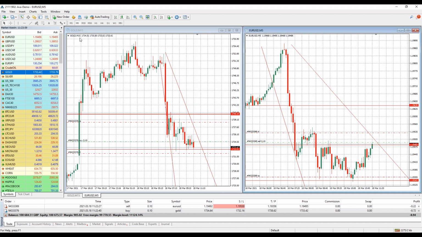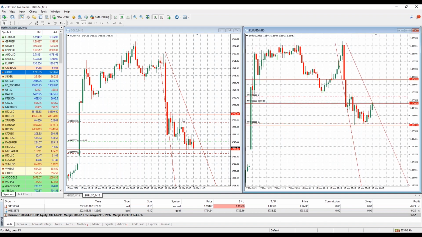So this is a technical analysis strategy that you can do with any instruments that tend to be related to each other. Gold and the Euro USD tend to be like that, and others as well.